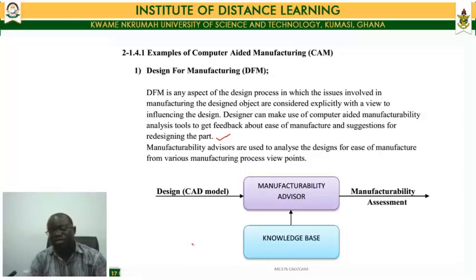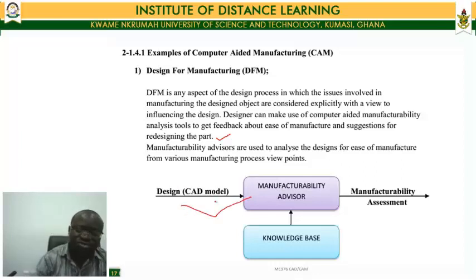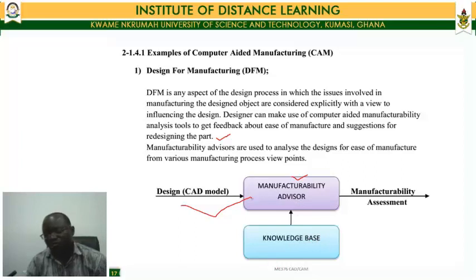If you take this typical flow chart, your design model would be sent through a manufacturability advisor, which is a tool. Now this manufacturability advisor will utilize a knowledge base, which is more like a database of manufacturing capabilities.